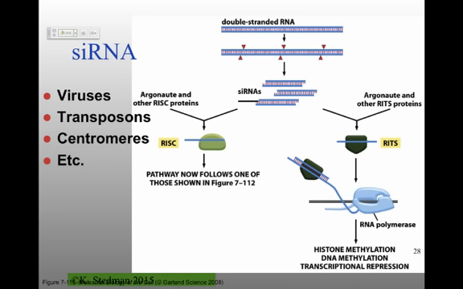That double-stranded piece ends up as a single-stranded piece together with the argonaute and other proteins. And then these RNAs, because they were made from the double-stranded RNA that came in with the virus in the first place, are going to be almost identical to those sequences unless there's been some kind of mutation in them.